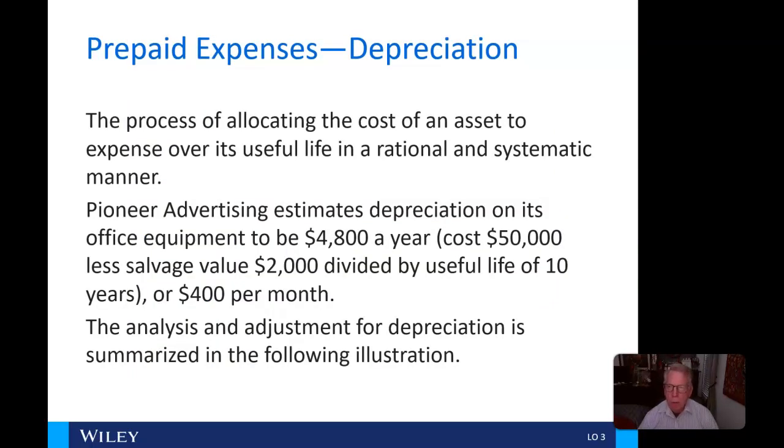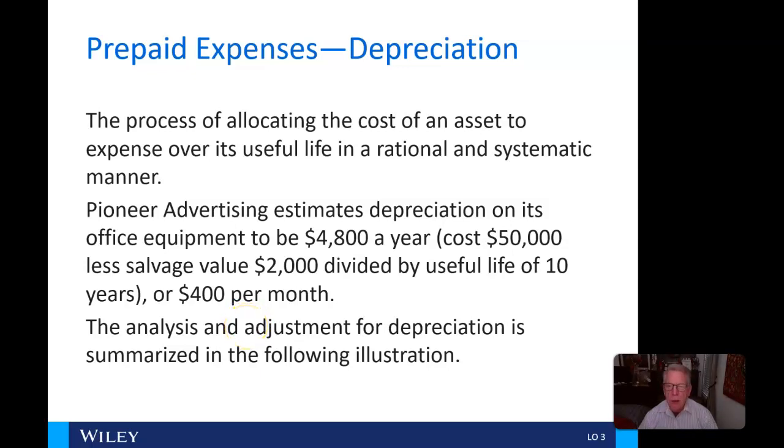Now, another form of prepaid expenses is depreciation. And this is where we're going to reduce the cost of our asset over its useful life, in a rational and systematic manner. So we're going to estimate that depreciation in this case to be $4,800 a year. It costs $50,000.